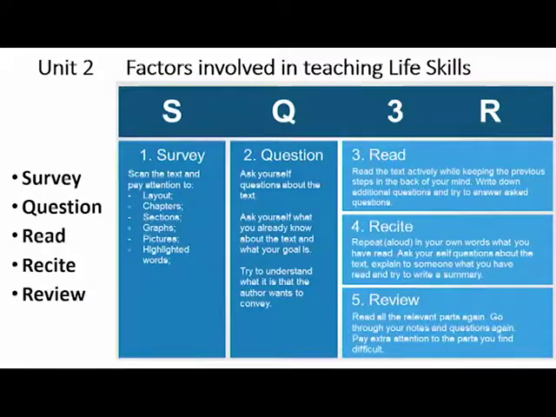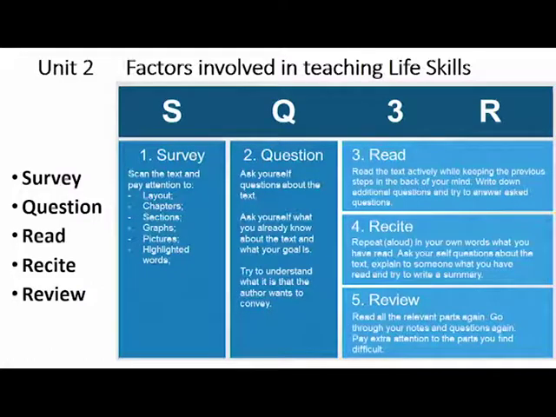Read the text actively while keeping the previous steps in the back of your mind. Write down additional questions that you might have on things that you don't know or that you are not familiar with. Reciting means to repeat, and it's good to do that out loud, in your own words, what you have read, so that you have a clear understanding of what you have read.